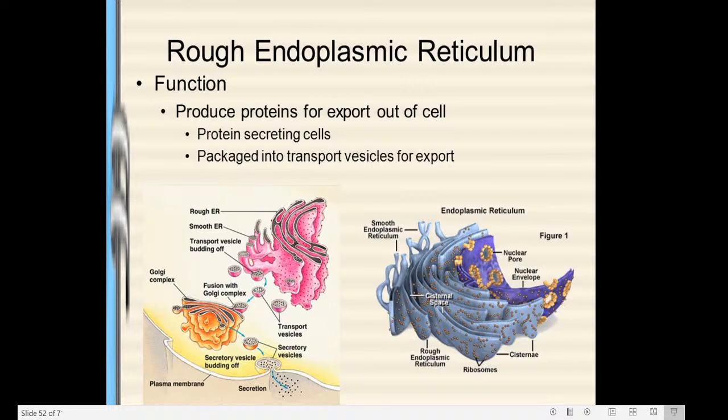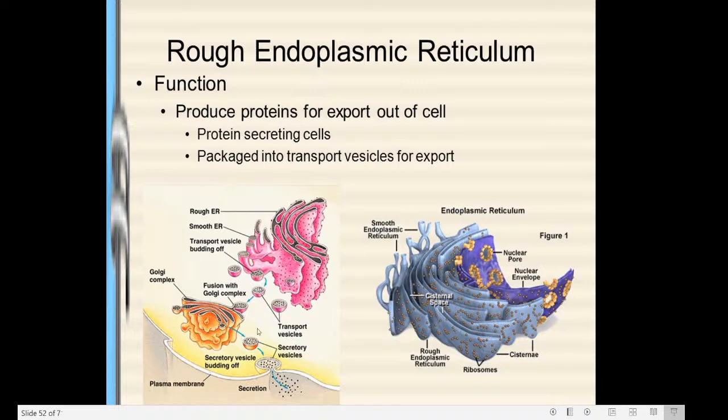What is the function of the rough endoplasmic reticulum? It is helpful for protein secretion from the cell. The protein is packaged into transport vesicles. These are all very important things. In the rough endoplasmic reticulum, protein is packaged into transport vesicles.